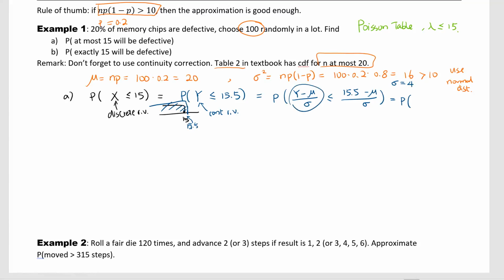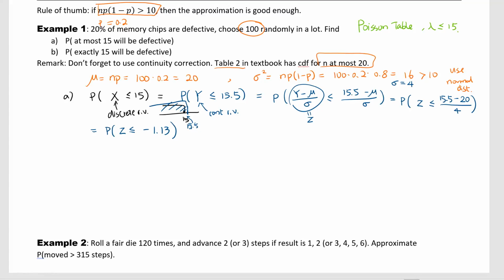So this guy is z, so we have z less than or equal to 15.5 minus mu, where mu is 20, over 4. So plug this in our calculator. What do we get? 15.5 minus 20 over 4. So the answer is minus 1.13.